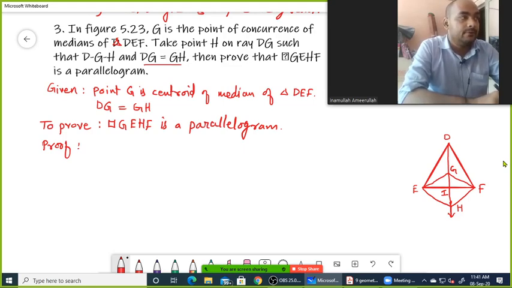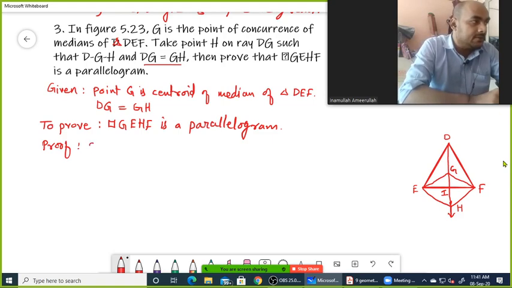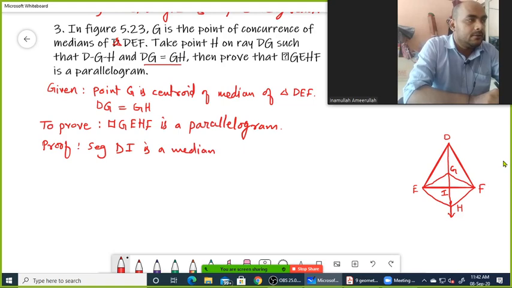We will start our proof with this. DI is a median because G is the centroid and G lies on DI. So segment DI is a median of triangle DEF.